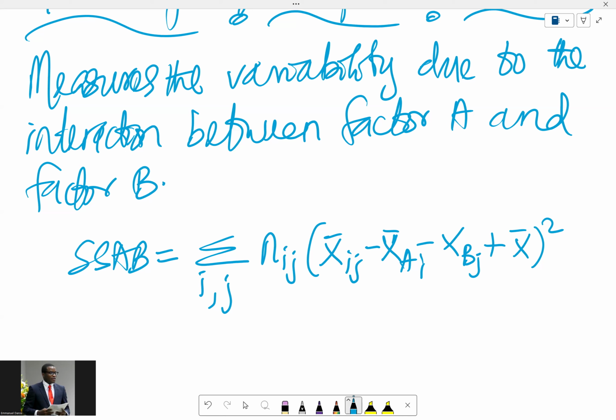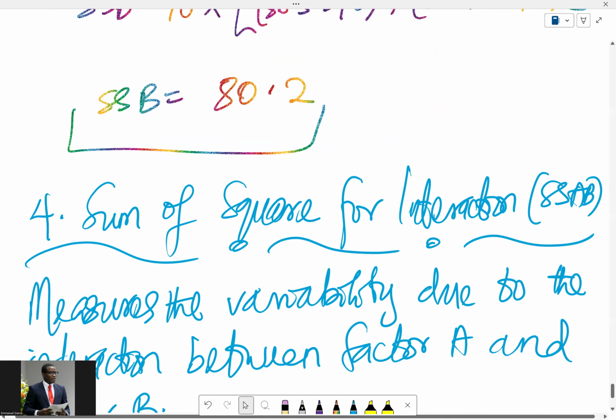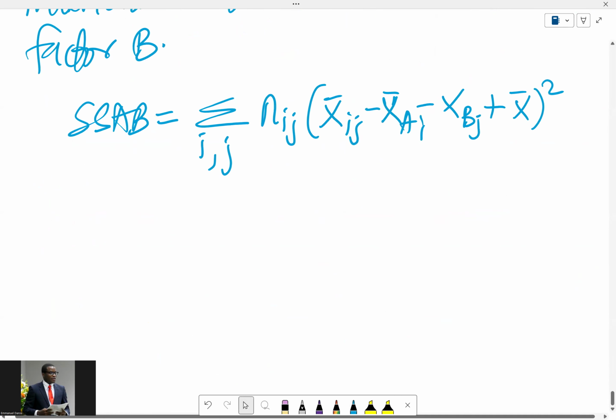For method one, 86.2. Now let me list out these things. So we have to do the combinations 1,1, 1,2, 1,3, and so forth. I'm trying to be careful to get this right.